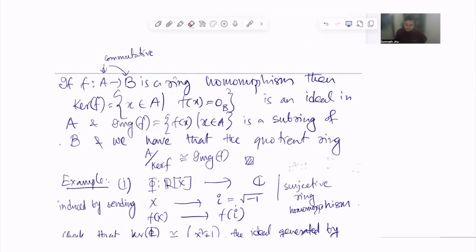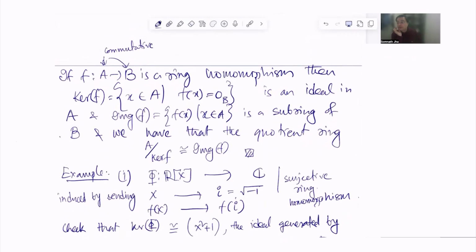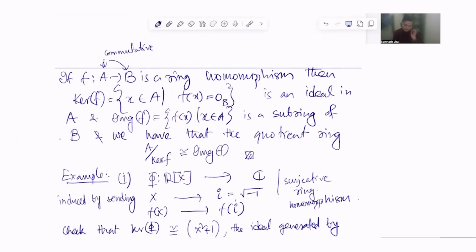On the other hand, if some element goes to 0, then x minus i divides it. If f(i) equals 0, what does it mean? That x minus i is a root of f(x), so x minus i divides f(x) in C[x], because this polynomial is not defined over R, it is defined over C. But f(x) is a real polynomial, so if I take complex conjugation, x plus i will also divide f(x).